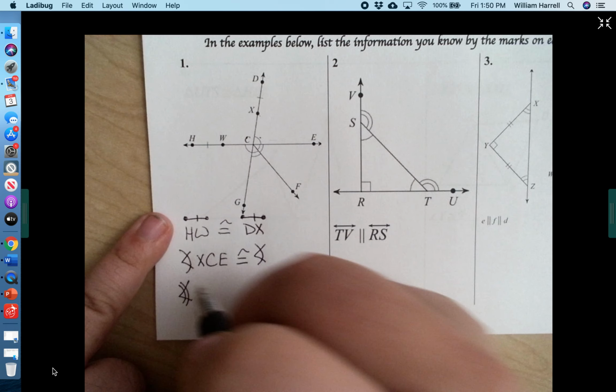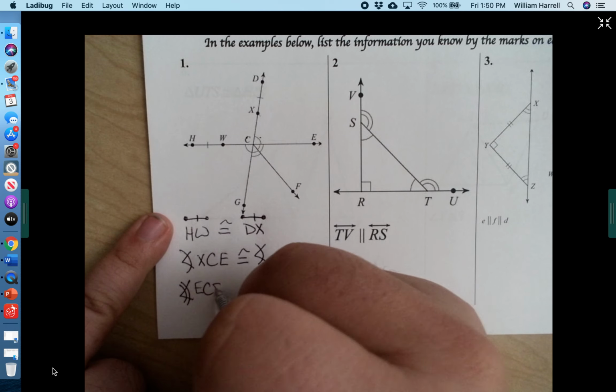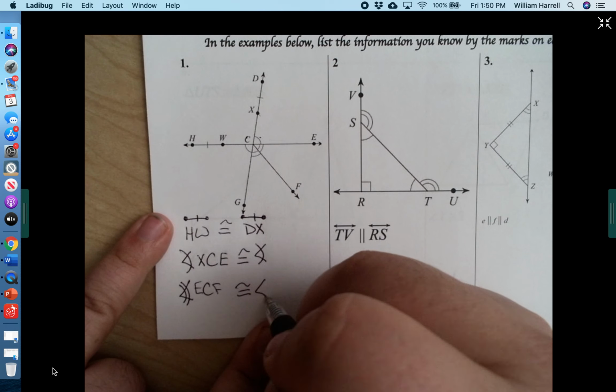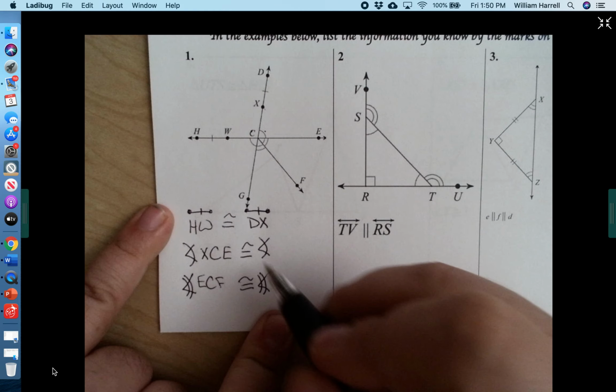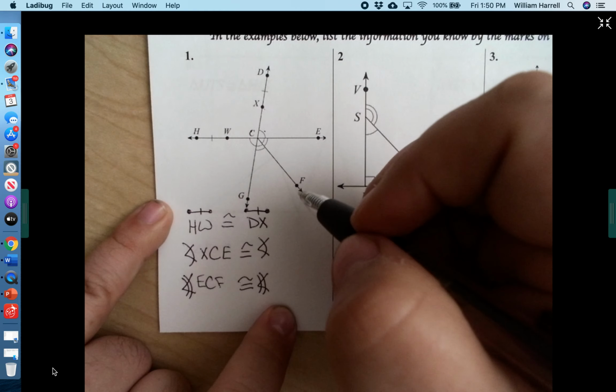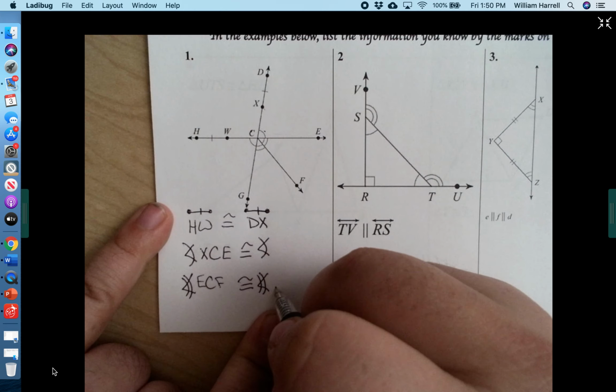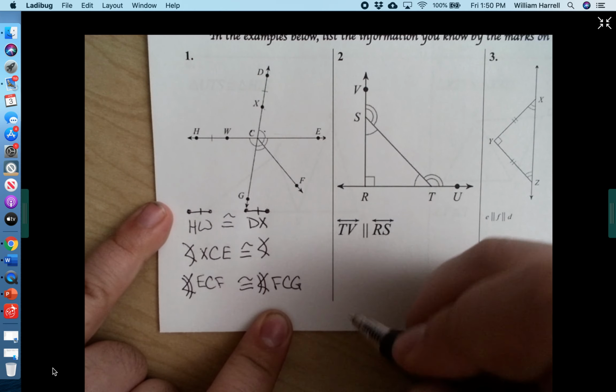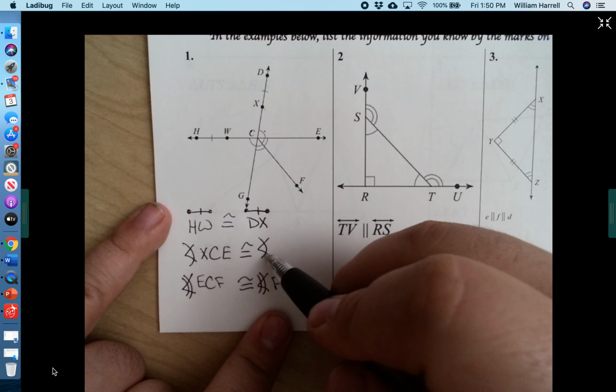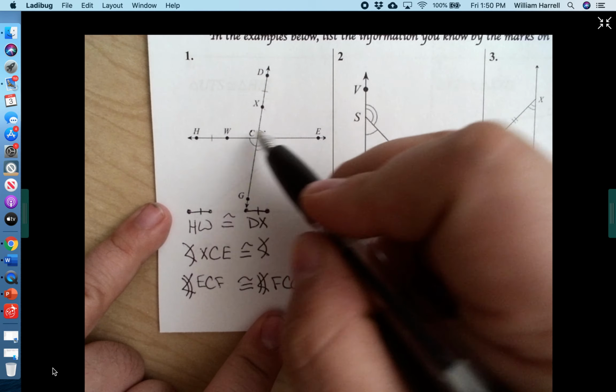So ECF is congruent to the other angle with 2 marks. And you notice how I put 2 arcs through my angle, FCG. And then I finish up by saying GCW.